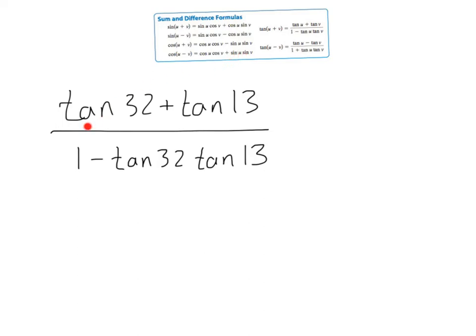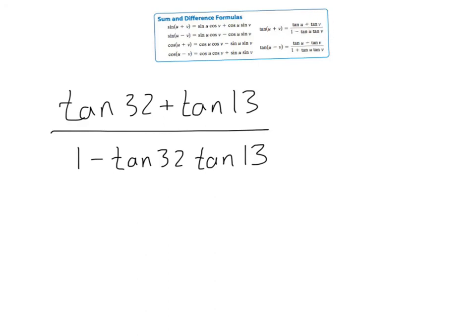For example, here we have tan 32 plus tan 13 over 1 minus tan 32 tan 13. Now this here, if I'm looking up at my sum and difference formulas, I see that this corresponds with tangent of u plus v. Except for the u plus v, we have the right side of it here.